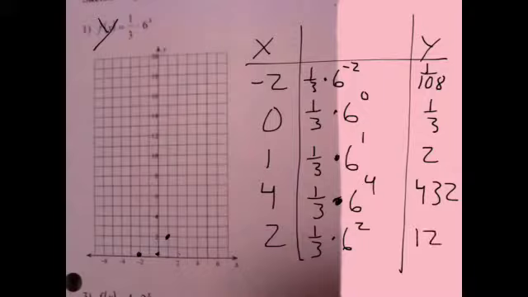So 2 goes to 12, so there we go, we got 12 there. You're looking at this, man, this thing just shoots up really fast. It goes practically vertical almost instantaneously, so it grows really fast.